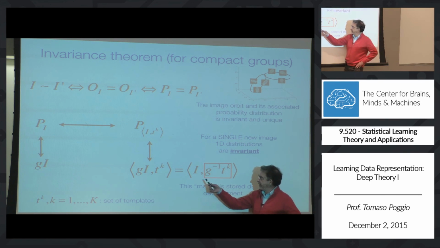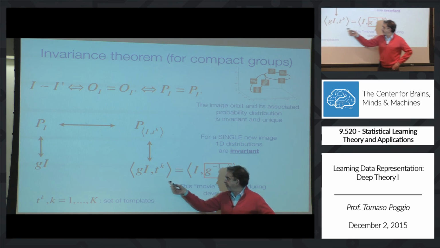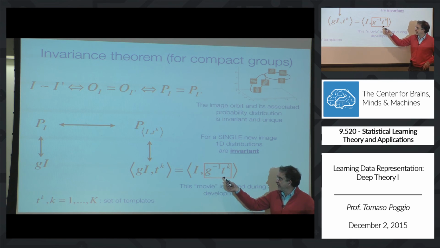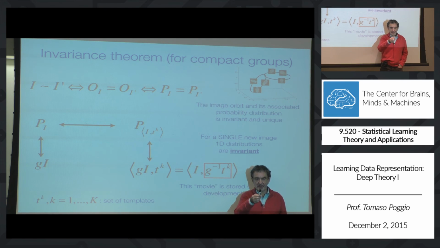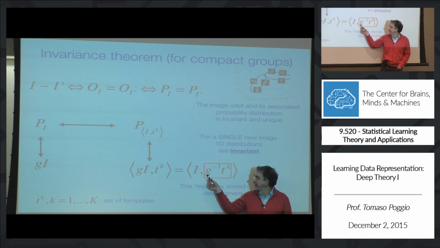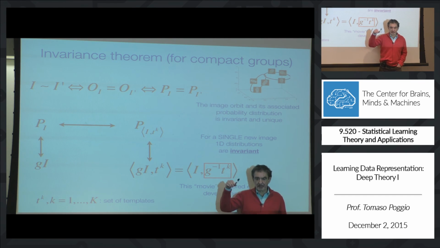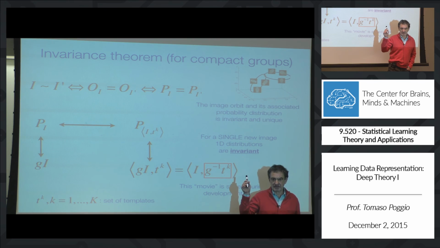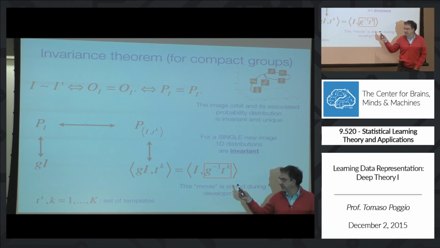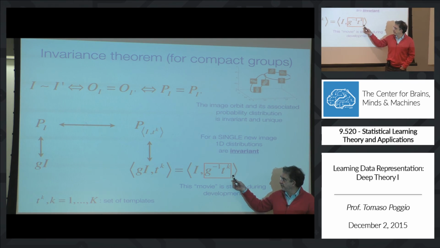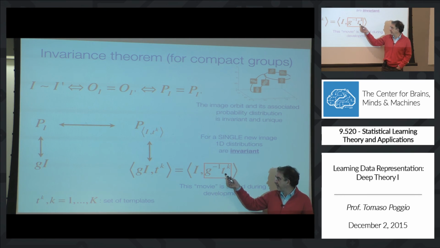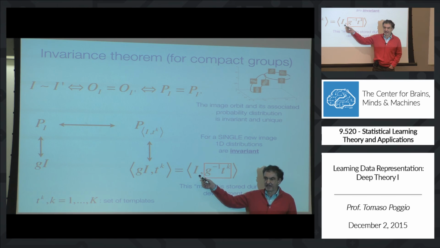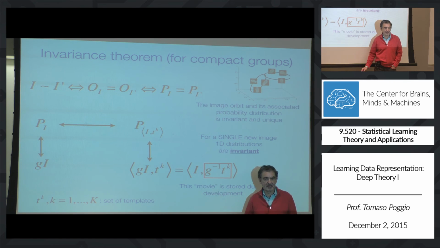which is mathematically trivial, but biologically is important, I don't need to have seen all the rotations of your face in order to be able to recognize a new rotation. I need to have seen all rotations of a template. And that allows me to get the same dot products that I would get if I have the fixed template, one template, and I have all rotations of the image.